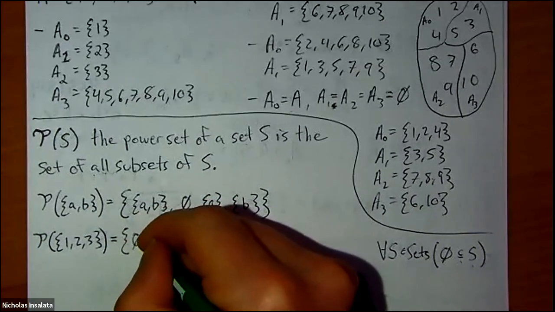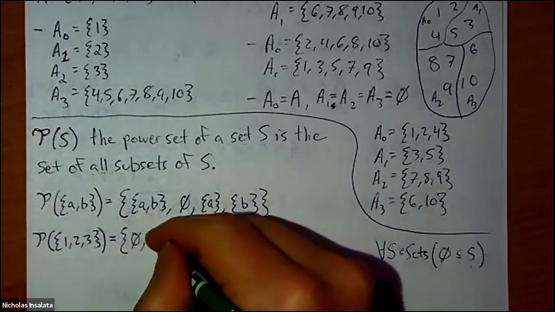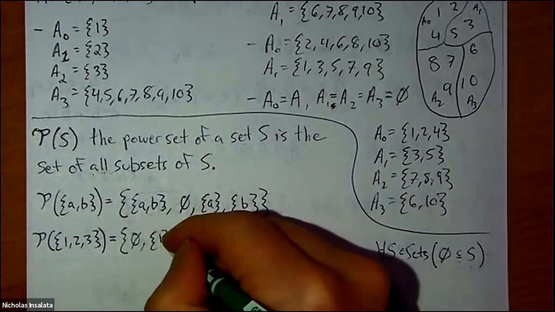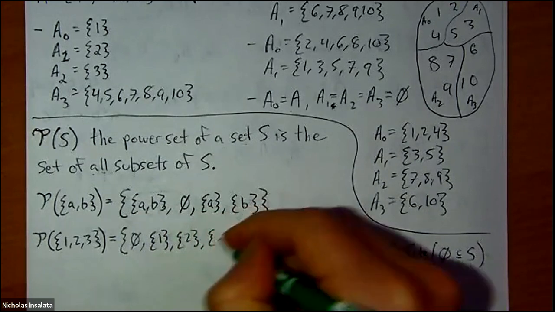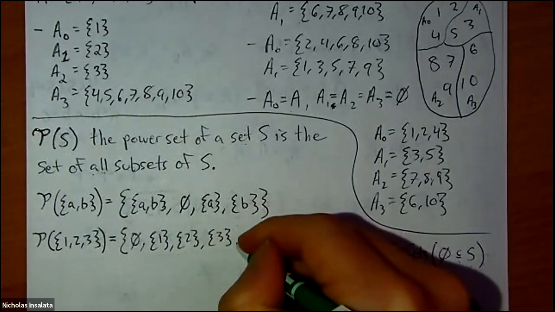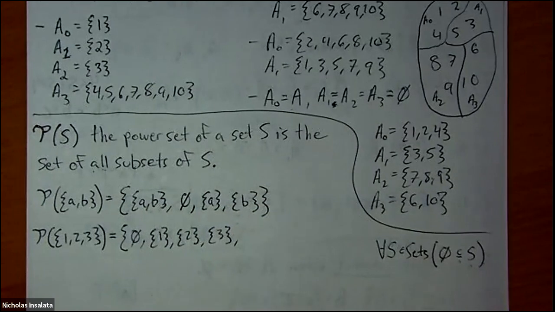Okay. And what comes after that? Well, that'll be the singletons, right? So what are the singleton subsets of 1, 2, and 3? Just the singleton 1, singleton 2, singleton 3. Next come the 2-element subsets.